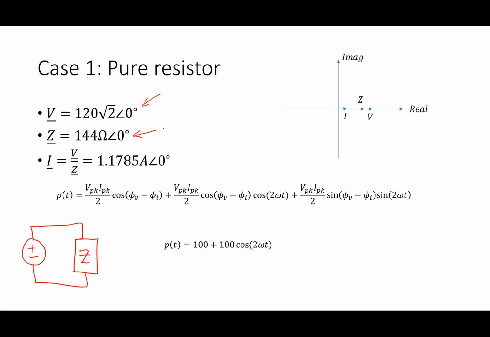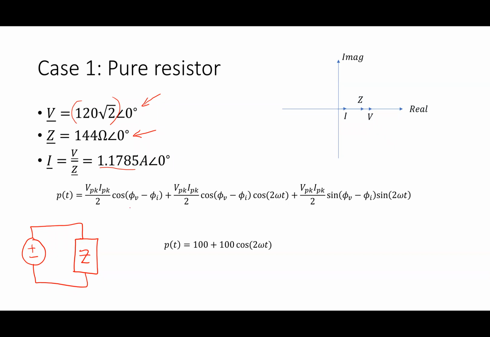If I look at the peak value, as we've always done it, peak value 120 times square root of 2, the current peak that I get is 1.1785 amps.